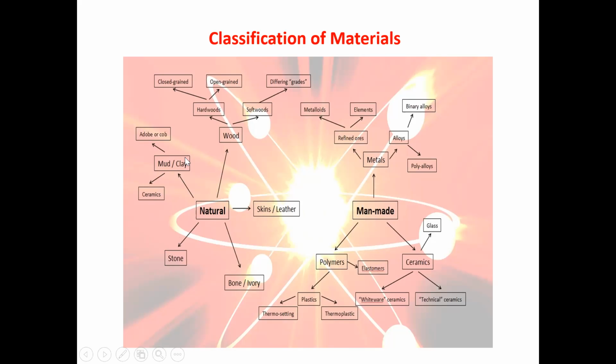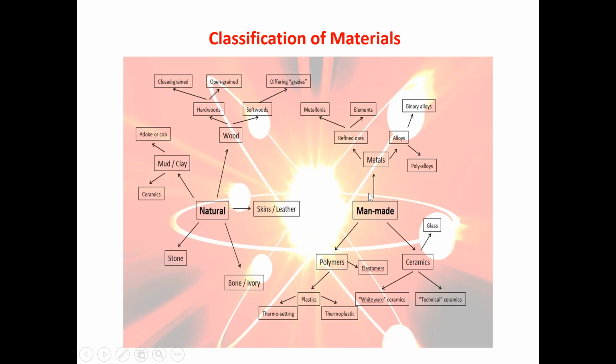But finally, from mud and clay, we got another two types of materials. When we analyzed the wood, we were able to understand the types of wood, softwood and hardwood, and then different grades, open grain and closed grain. Then we understood how the wood can be utilized by engineering it in a technical way.